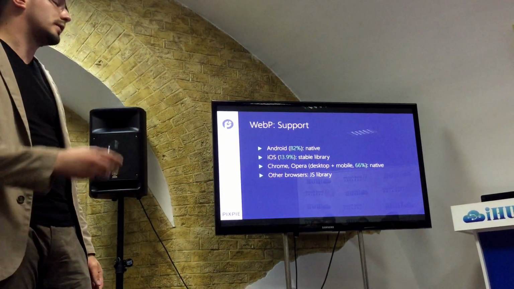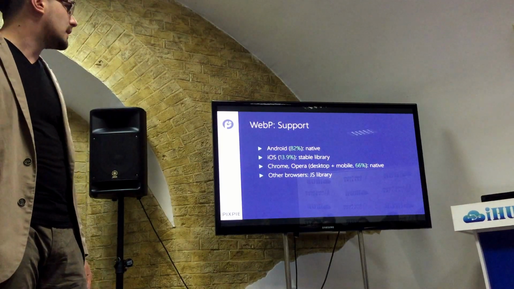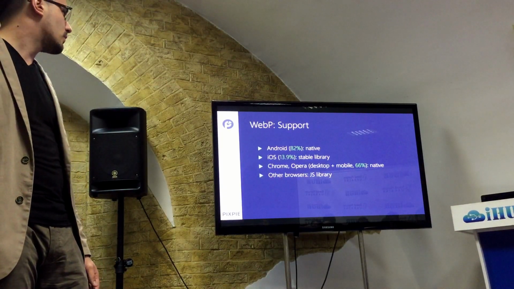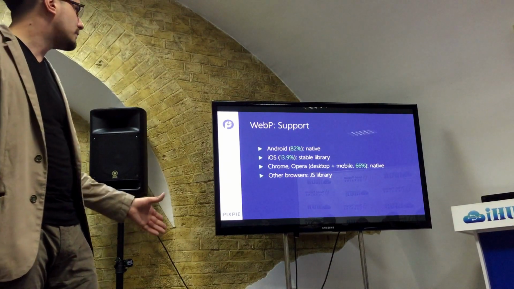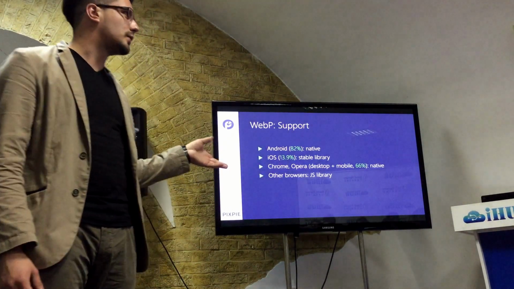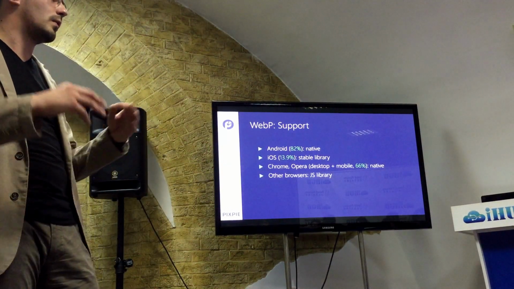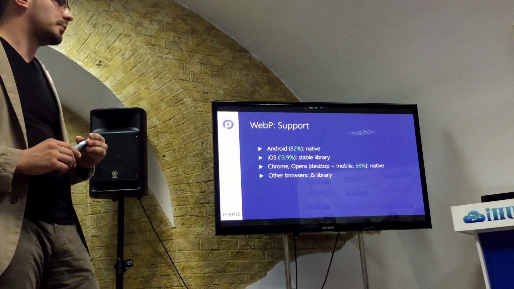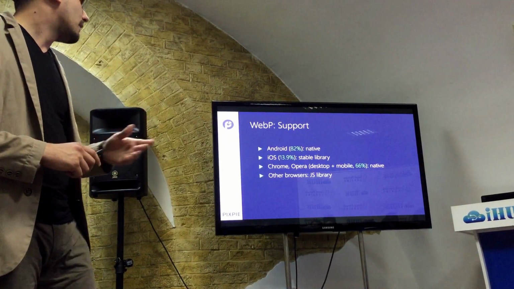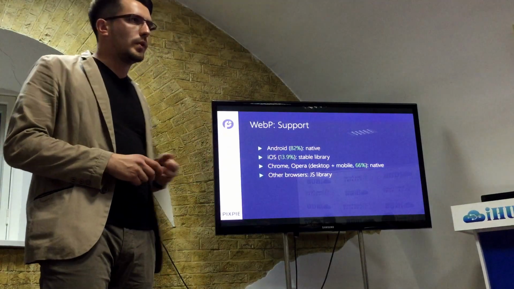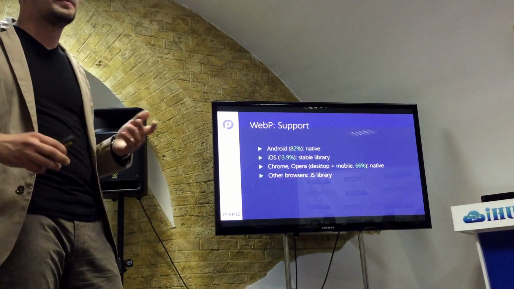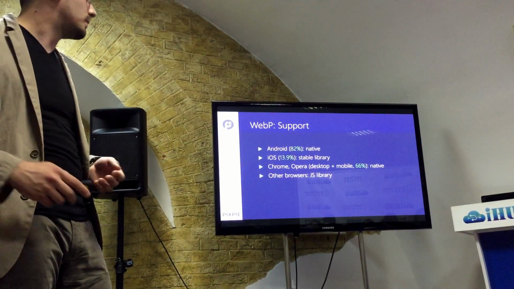So it works there as well; we have tested it in our project. From the browser's perspective, Chrome and Opera are about 66% of the whole market, and they support WebP natively. Other browsers have a stable JavaScript library that you can integrate in your website, and you will support WebP as well.